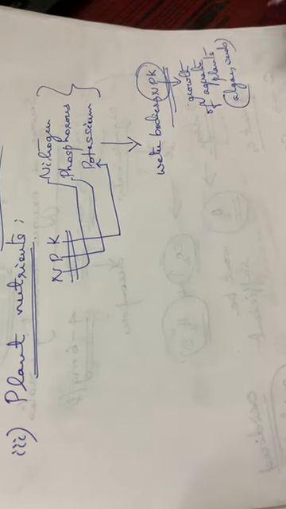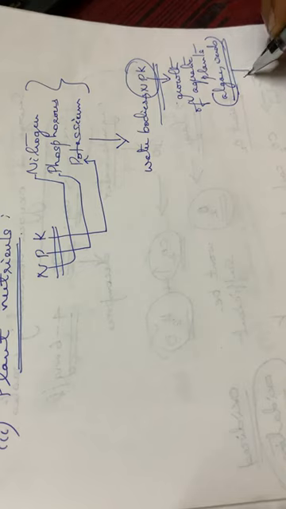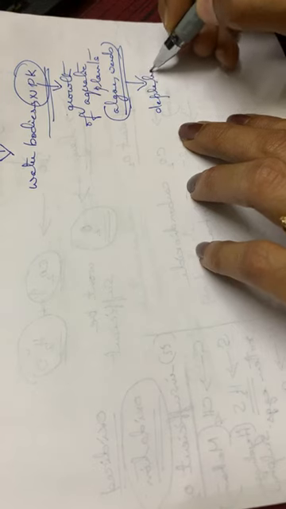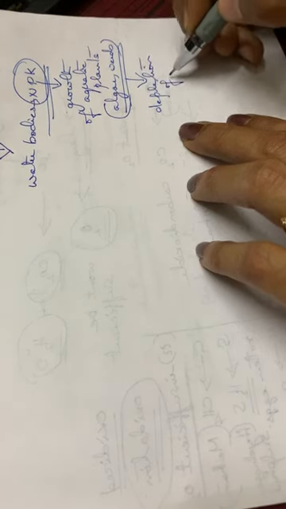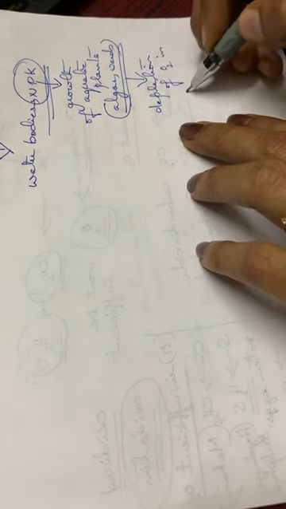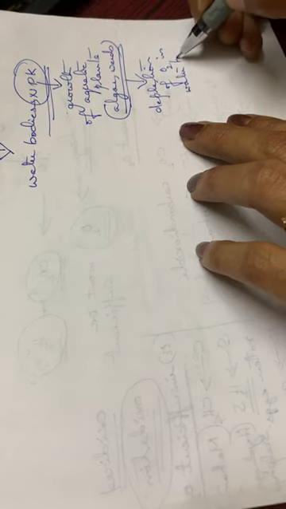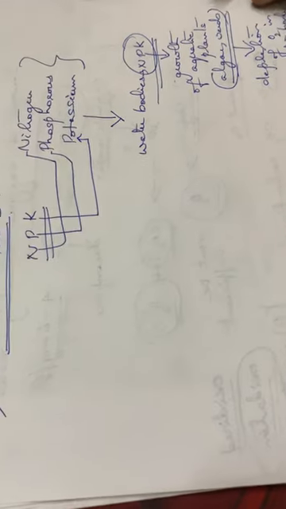As a result, this will be causing the depletion of oxygen in that particular water body. So this is how plant nutrients will be indirectly affecting the water body.